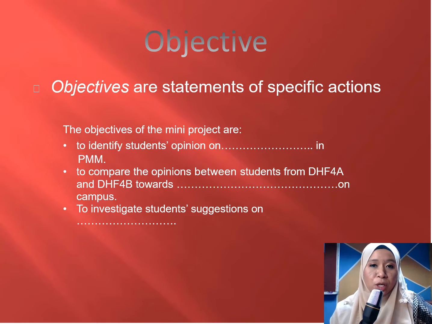It's a continuation of whatever that you plan. Okay, for example, if your title is on the internet connection in Polytechnic Merlimau Melaka, then in your introduction, you need to identify the internet, what is the problem, okay, that students are facing in using the internet, right?